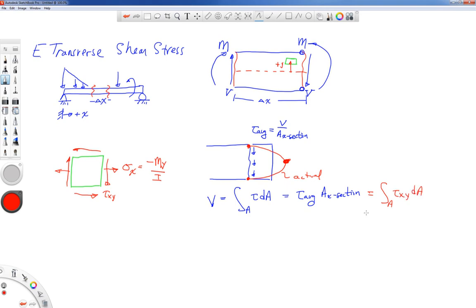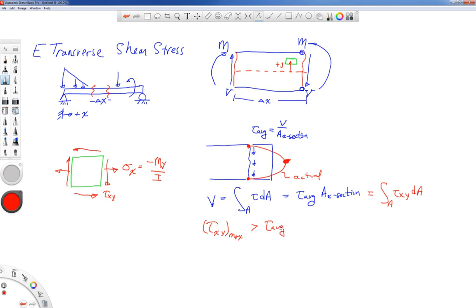Even though that volume is the same, we don't know exactly what that shape is yet. But we do know if it goes to 0 on the top and the bottom, in order to make up for this cutoff area on the blue rectangle, the maximum is going to have to be higher than the average. So let's write it this way: tau xy maximum has to be greater than tau average.